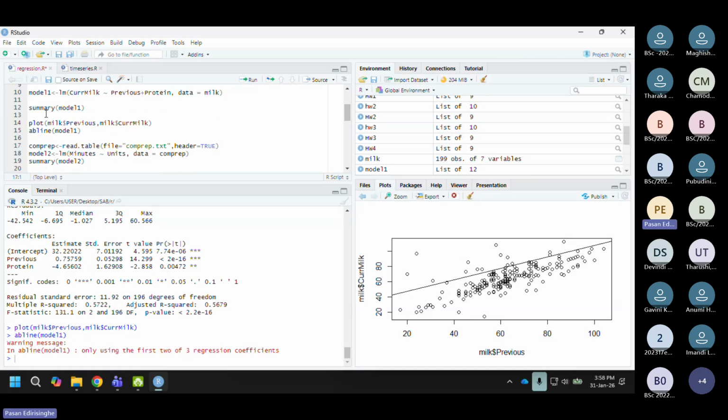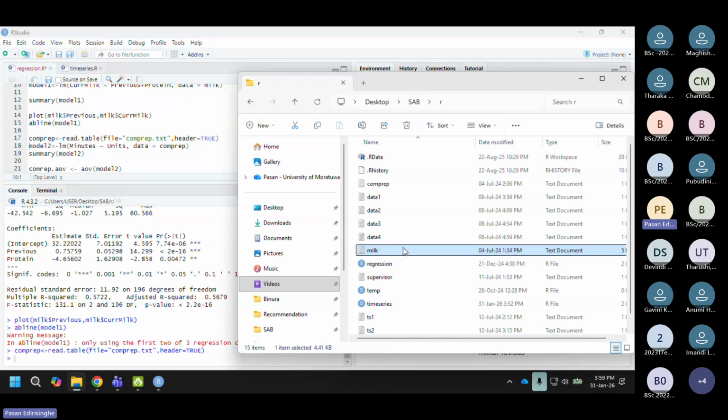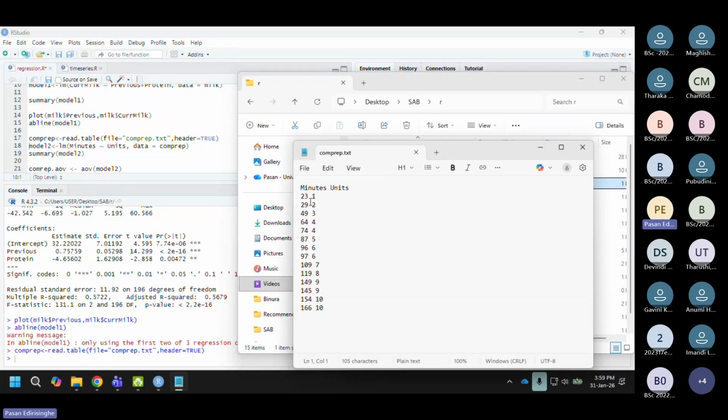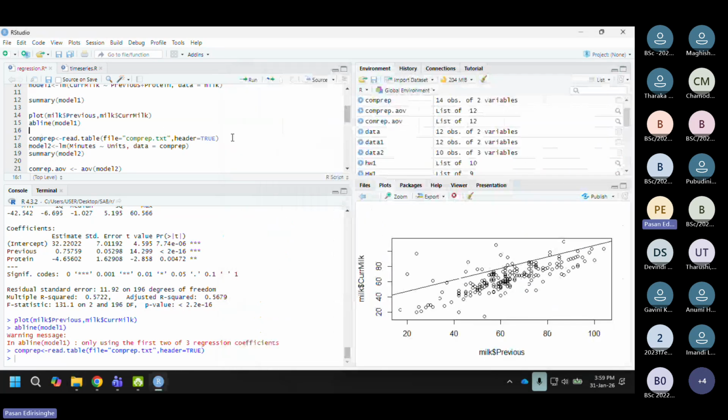So that's one of the data sets we have, and then we have that computer data set, so we can run that as well. That variable has only the two variables there, so it is simple linear regression. So we can try that.